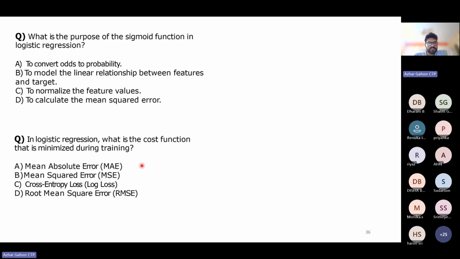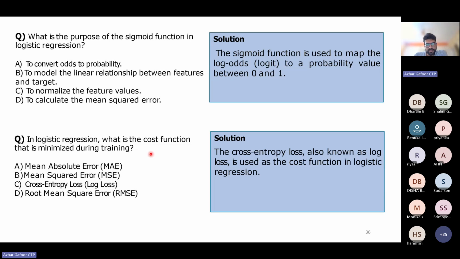And in logistic regression, what is the cost function that is minimized during training? I haven't discussed it, so if you know, you can just say that. B. Actually, it is cross entropy loss. I haven't mentioned that. So cross entropy loss is a loss function that is used in classification problems.